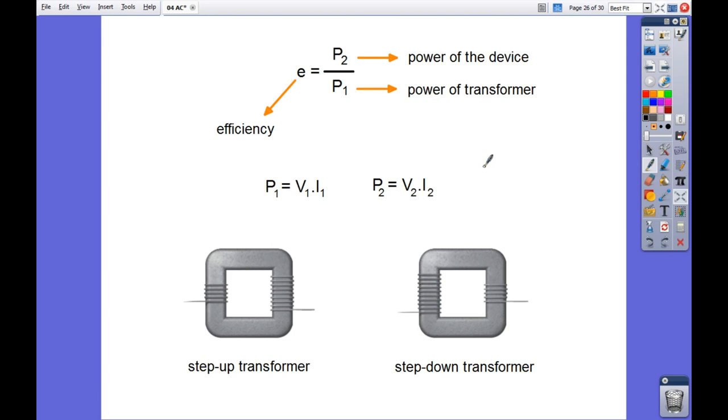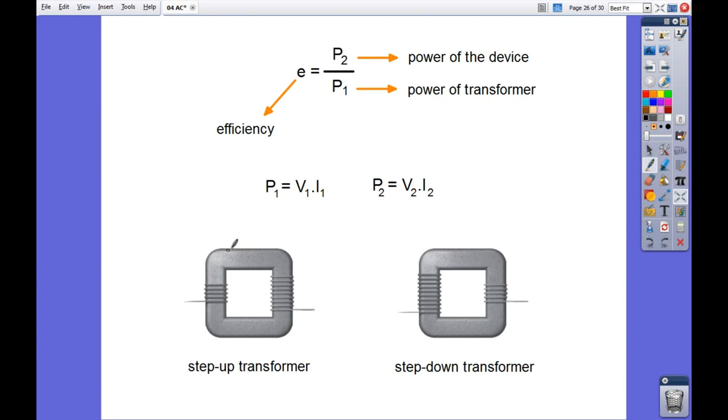So the efficiency can be from 0 to 100%. 0 means none of the power is transformed into the secondary, or it becomes heat instead. If it is 100%, that means all the power is transformed from primary to secondary.